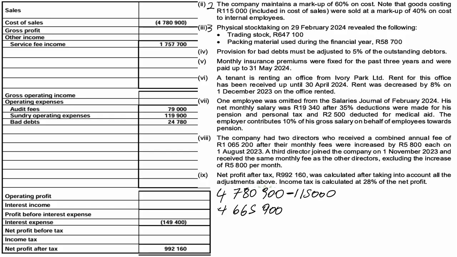We need to calculate sales for these goods that we're selling to the general public by multiplying by 160 divided by 100, right? So remember, we're maintaining 60% to the general public. But however, to our internal employees, we are maintaining 40%. So it means now that 115,000 we need to multiply by 140 divided by 100.